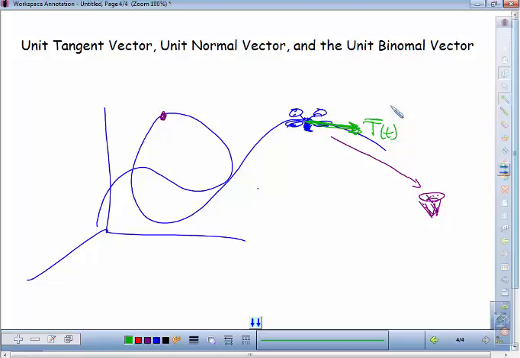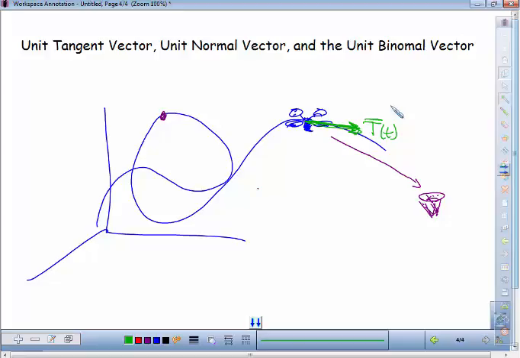Now, it wants to know how to aim and propel this projectile to make it to the basket. So it needs coordinate systems. And so in doing so, you need to define like a three-dimensional frame from the drone's point of view. And we have one vector already, and that's the tangent vector, because that's the direction that the drone is moving.